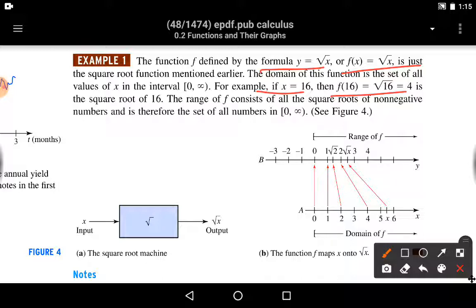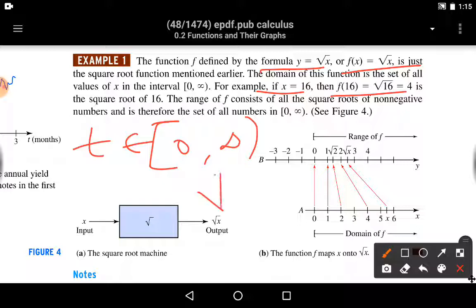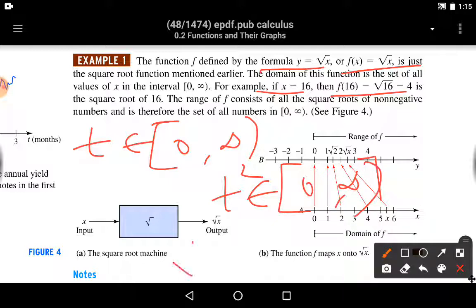Why are we getting that? Because for t an element of the closed interval 0 to infinity, we can take root t, or we can consider t square, which again belongs to 0 to infinity, and taking the root of t square, we get t back.